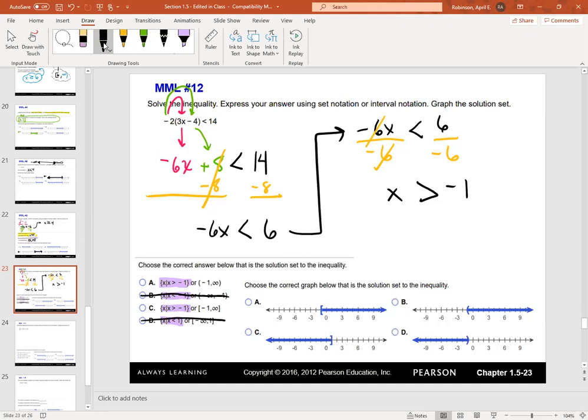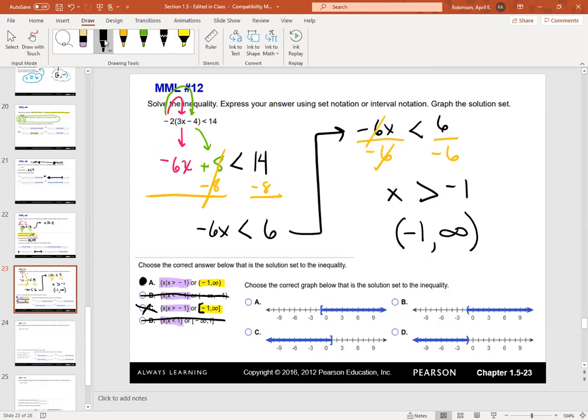So it's either A or C, but I then have to look at the interval notations. Those are intervals, and it does not have an equal to, so this one has a bracket on it, so that one's out. So it's A. It's greater than negative 1, so it starts at negative 1 and goes to infinity.